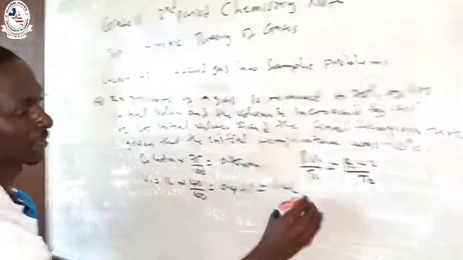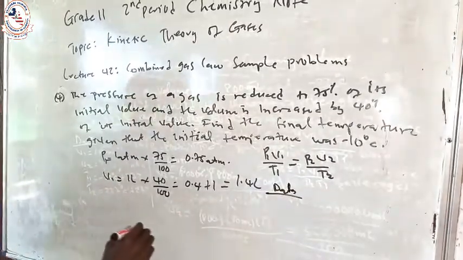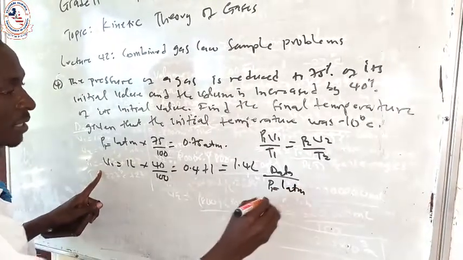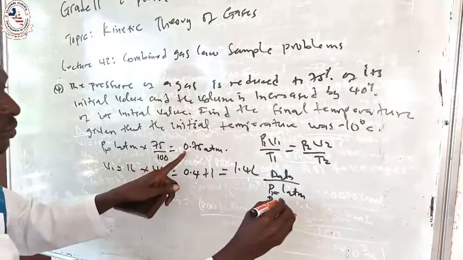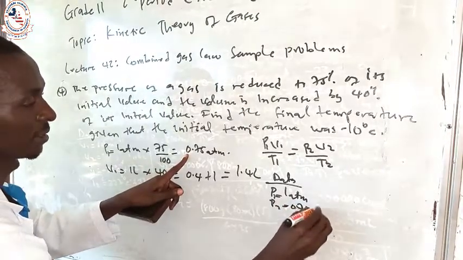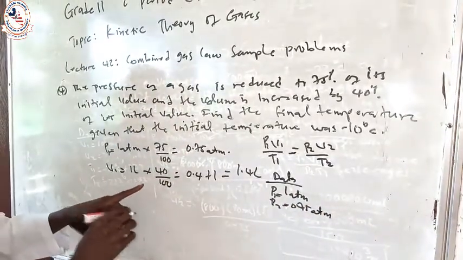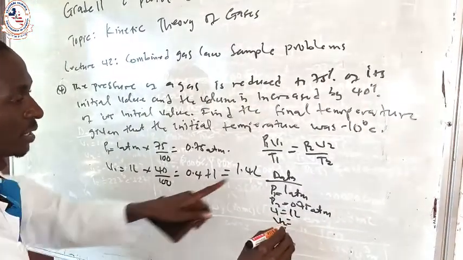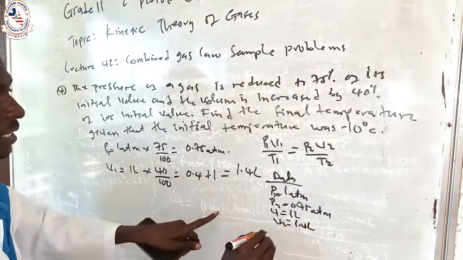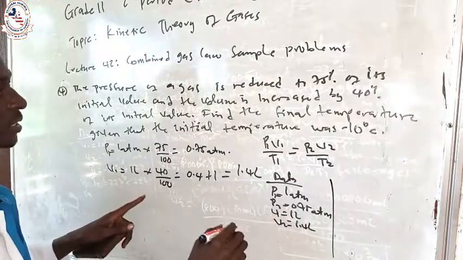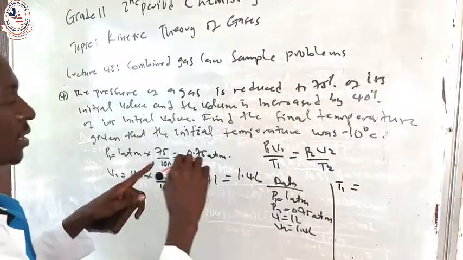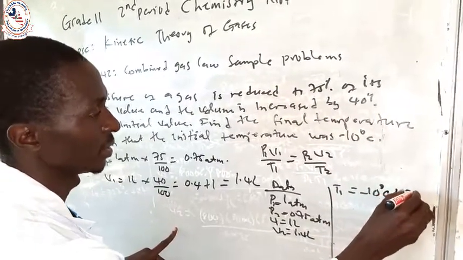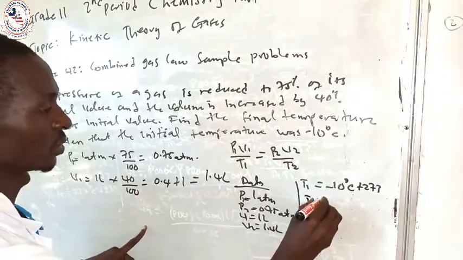So if we collect our data here, we have our P1 equal to 1 atm, and our P2 will be equal to 0.75 atm, and then our V1 is 1 liter, our V2 is 1.4 liter, and our T1 here is equal to negative 10 degrees C. We'll add 273 to it, and our T2 is equal to what? Question mark.